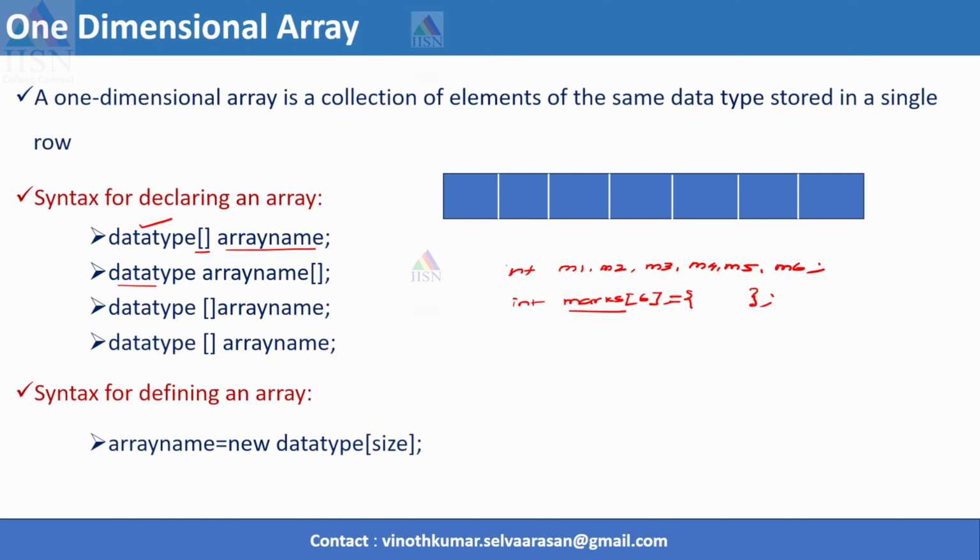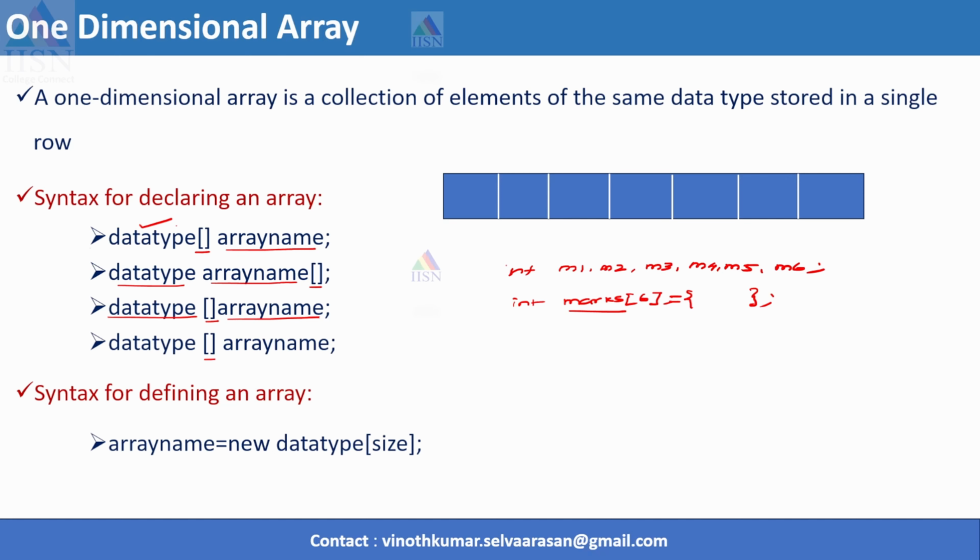Or we give the data type, then the array name, then square brackets. Or we put the data type, a space, and square brackets followed by the array name. Or between the data type and the array name we can put the square brackets. We can use any of these methods to declare an array.